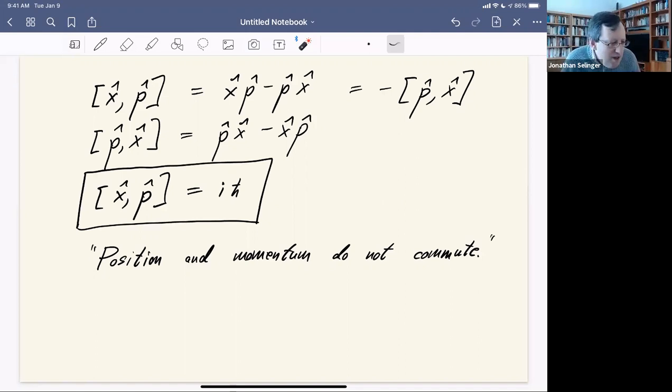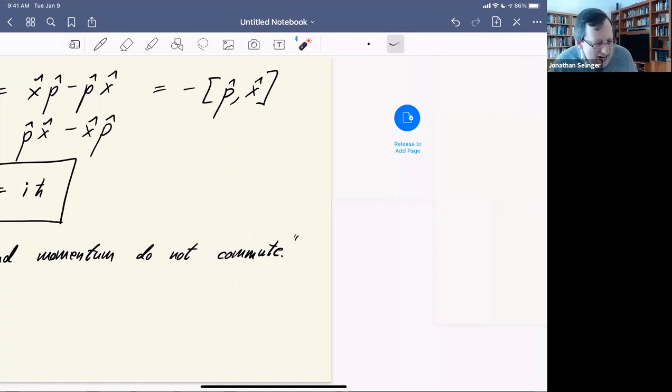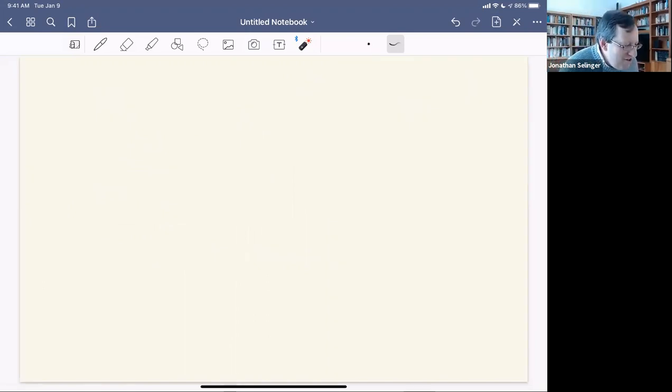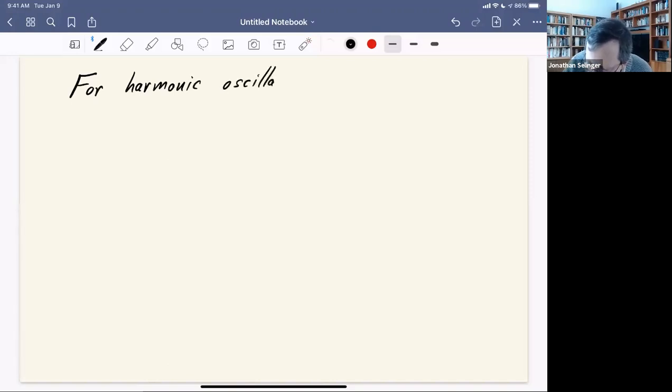But now we finally want to do something related to the harmonic oscillator. Let me just set up the two operators that we want to work with for the harmonic oscillator. I'm going to define two operators.